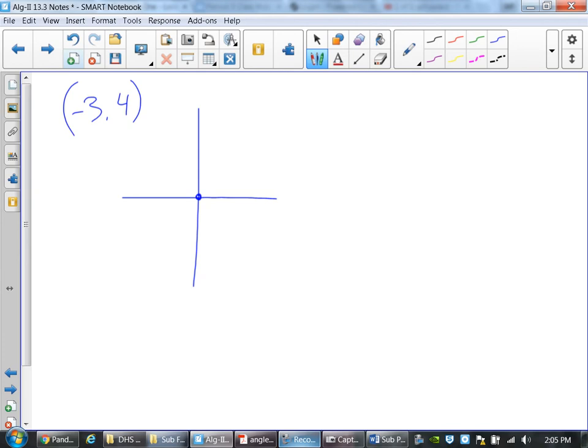So I go in here, I have -3 and 4. That point is about there. So this gives me a terminal side of theta as it comes around. Remember how we did that? It comes back out this way. So there's some angle that's larger than 90 degrees that created that value.